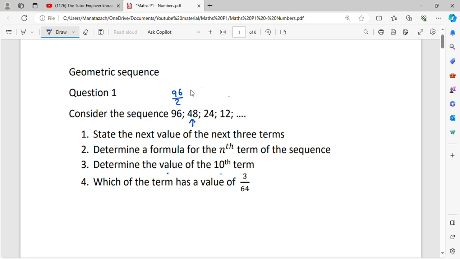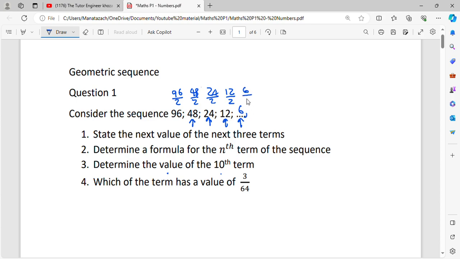So here, to get 24, 48 was divided by 2, and then 24 was also divided by 2, and then there was a 12. So the pattern is going to be the same. So 12 divided by 2 is going to give us a 6, right? So that's going to be the next term.